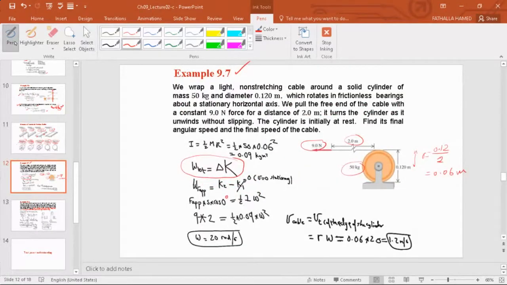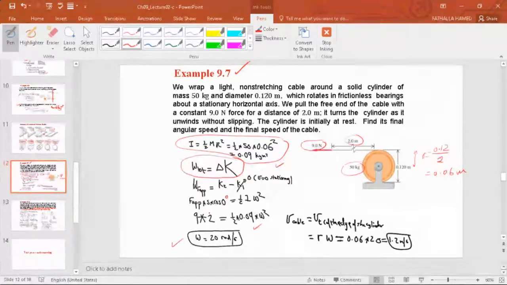So the moment of inertia here will be 1/2 mr squared. So it's 1/2 times 50 times 0.06 squared, and that gives you 0.09 kilogram meter squared. That's your moment of inertia. The kinetic energy is rotational kinetic energy, which is 1/2 I omega squared. So it's 1/2 times 0.09 times omega squared.